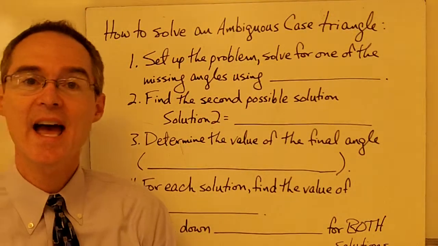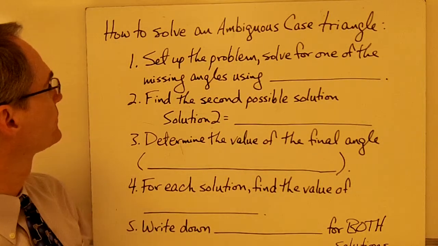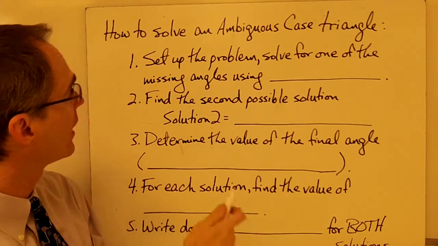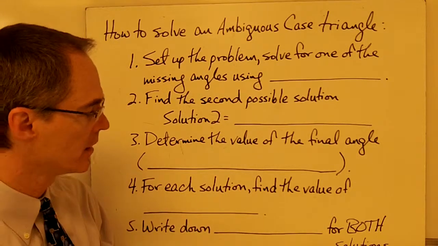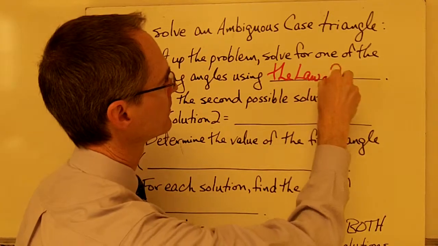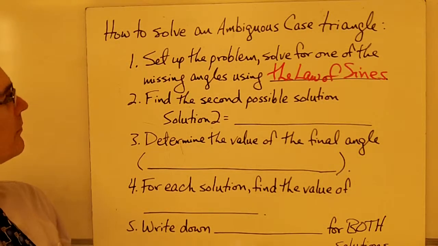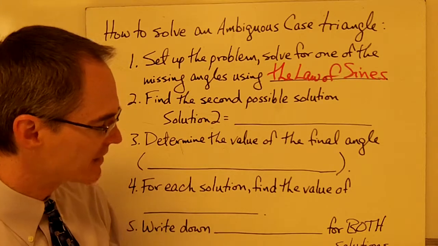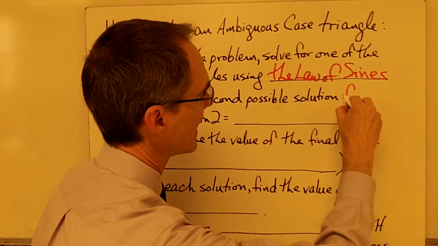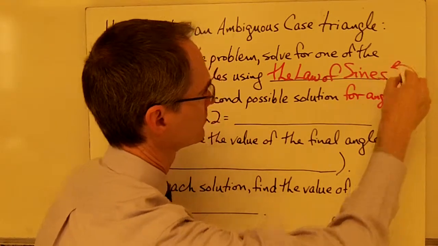If I know that I have an ambiguous case triangle, here's how you solve it. Number one, you set up the problem and solve for one of the missing angles, say angle B, using the law of sines. Number two, you find the second possible solution for this angle.